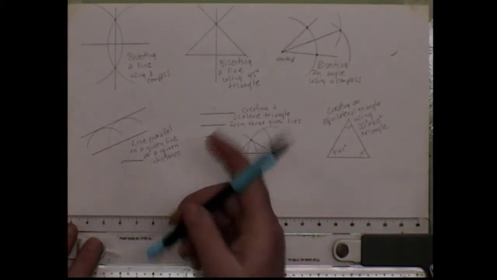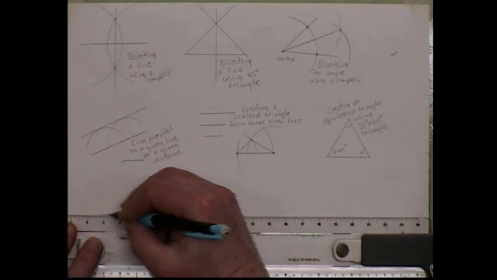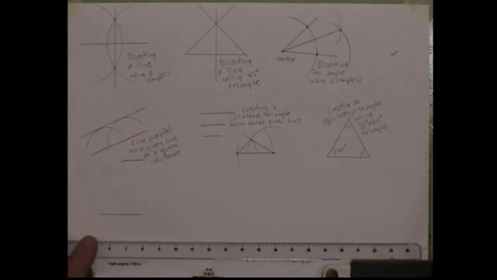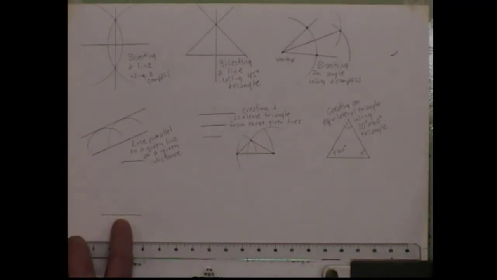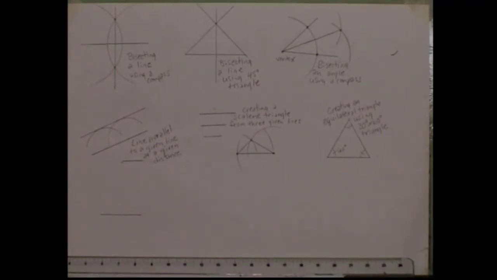We can make another line. Not very much, maybe a little over an inch. Mine is down here. So again, we're making an equilateral triangle. We don't necessarily have to even use our horizontal edge for this one.